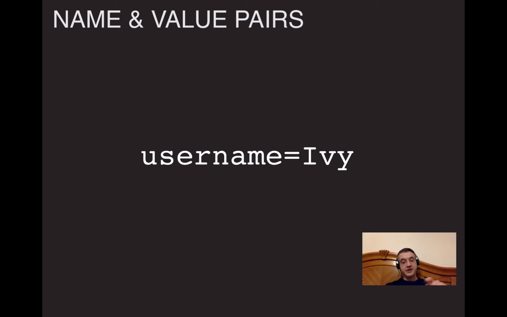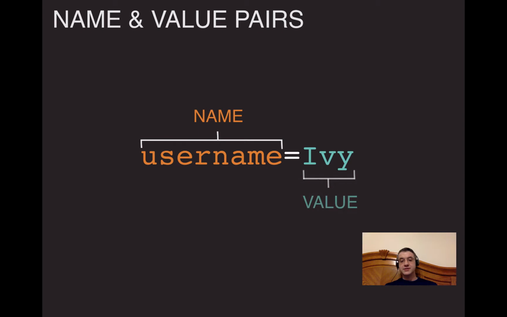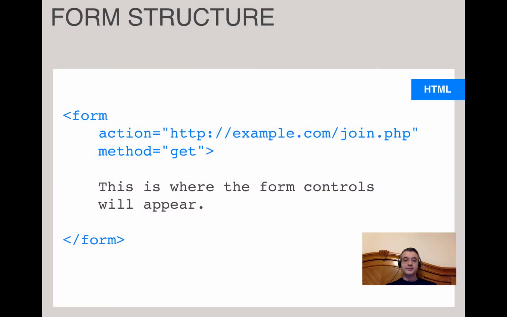If there's 5 fields, you're going to have 5 name-value pairs, with the name of the field and then the value the person chose. If it's a radio button, it's going to be a fixed value, or for a drop-down, it's going to be which one they chose. If it's text, it's going to be whatever they typed in. It doesn't matter. It's the name and the value that was entered for that form. So name, value, that's what they're doing here on the slides.